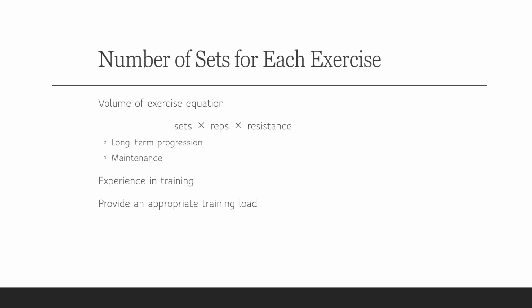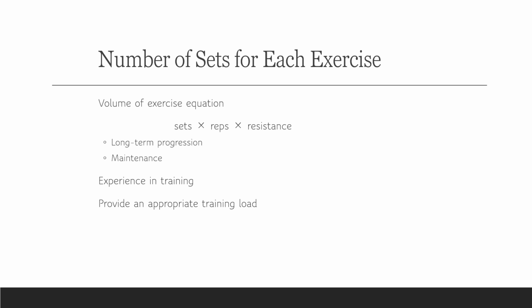The number of sets does not have to be the same for all exercises in a workout program. For a resistance training program, multi-set programs have been found to be superior for strength, power, hypertrophy, and high-intensity endurance improvements. Additionally, recent meta-analytic research has shown a dose-response relationship between set number and muscular strength and hypertrophy.